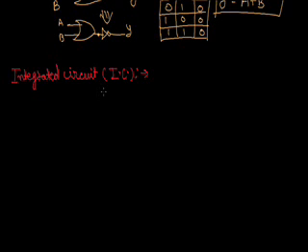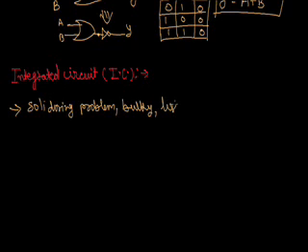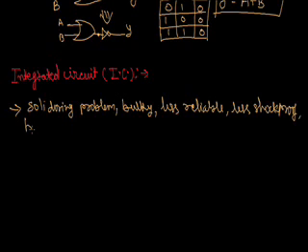If we make any electrical circuit by the conventional method, there may be many problems, like soldering problems. These circuits are bulky, less reliable, less shockproof, and hard to implement.